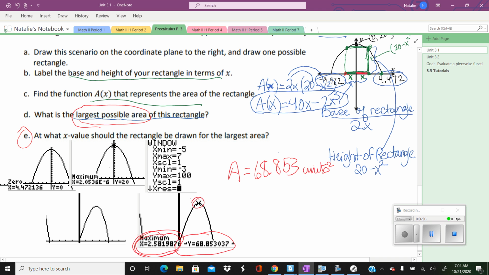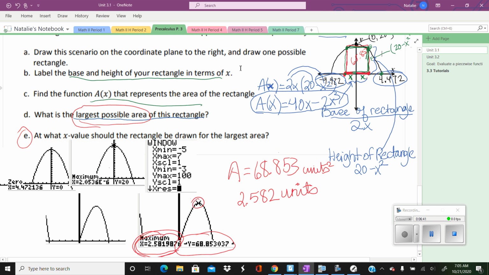If we were to plot that rectangle at 2.582 units to the left and 2.582 units to the right, each of these would be at about 2.58 here and negative 2.58 here, and that would give us the rectangle that has the area of 68.853 units.